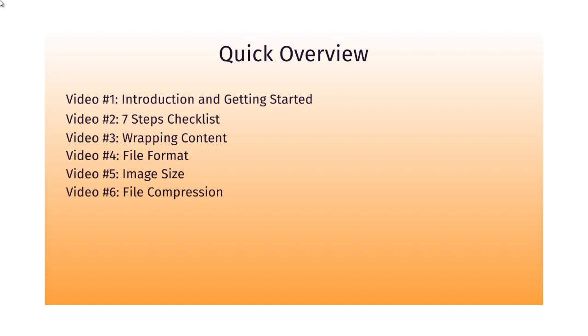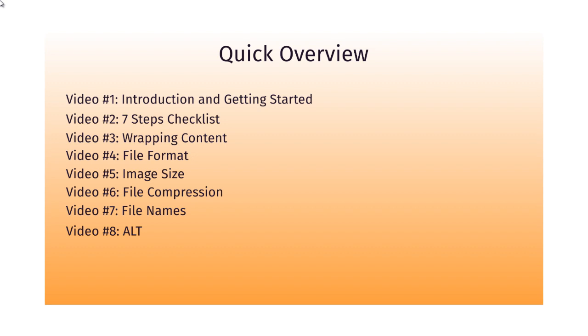The goal here is to decrease the size of the image without losing too much quality, so that it can run faster when your visitors actually visit your site. Video number 7, we'll talk about file names, and why that's important. Video number 8, we'll talk about alt tags, which appear in the source code of your website, and that also tells Google what your image is all about.